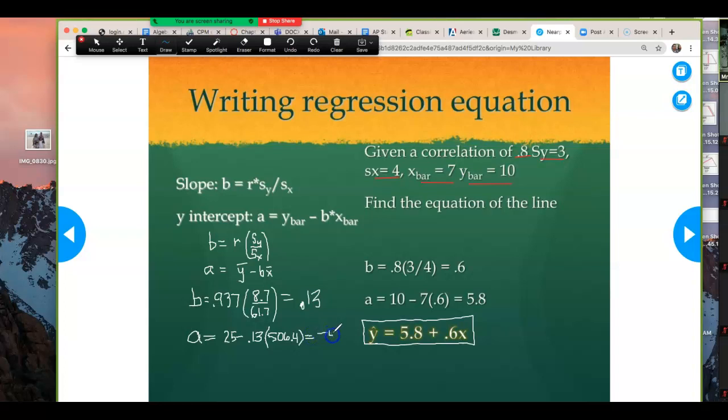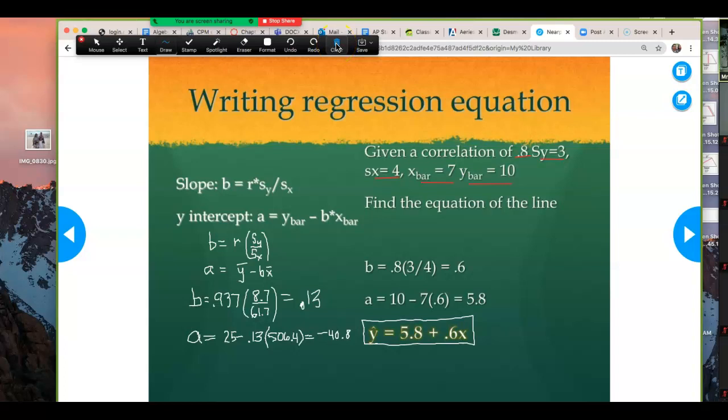I forgot what it was. I got negative 40.8 for that y-intercept. So that's calculating the slope and the y-intercept for a regression equation given statistics. We'll have an opportunity to do that one again a little bit later.